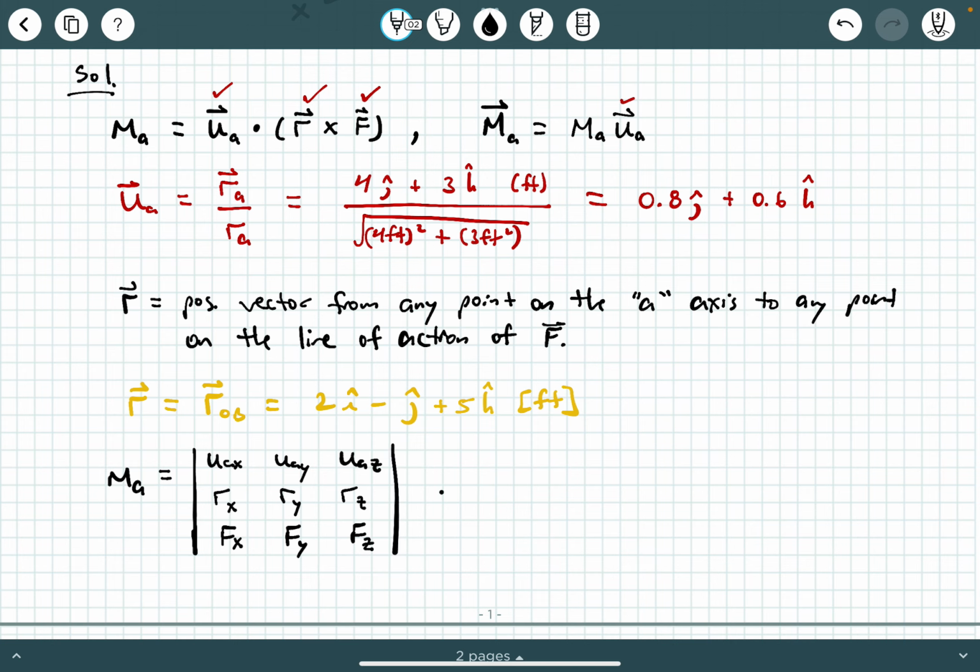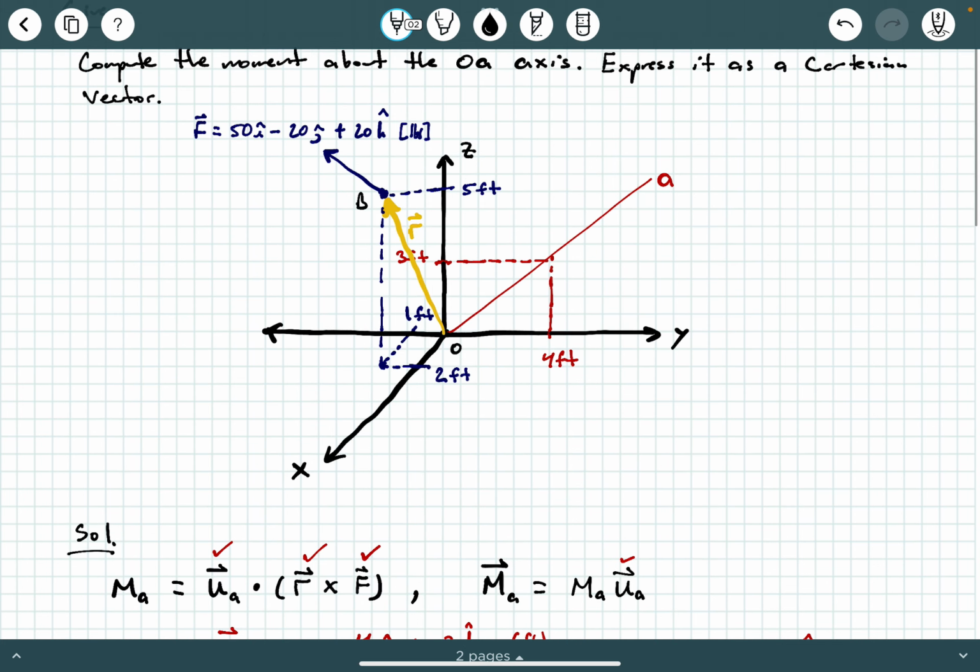All right. So for us, substituting in these values, what do we have? We're going to have 0, 0.8, 0.6. Then we're going to have 2 feet, -1 foot, and 5 feet. And then we're going to have the components of this vector, 50, -20, and 20 pounds.